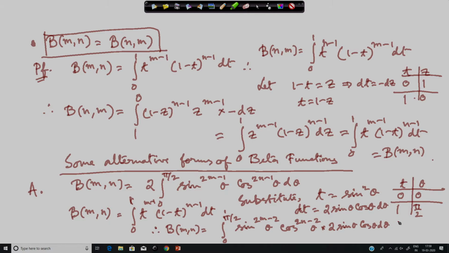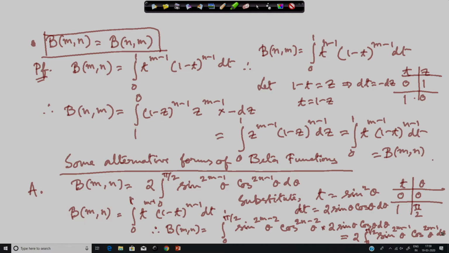If you simplify, 2 comes out, and we get 2 times integral 0 to pi by 2 sine to the power 2m minus 1 theta cos to the power 2n minus 1 theta d theta.